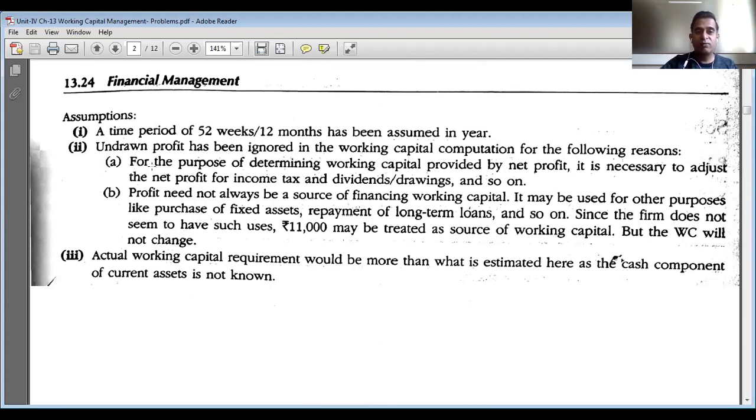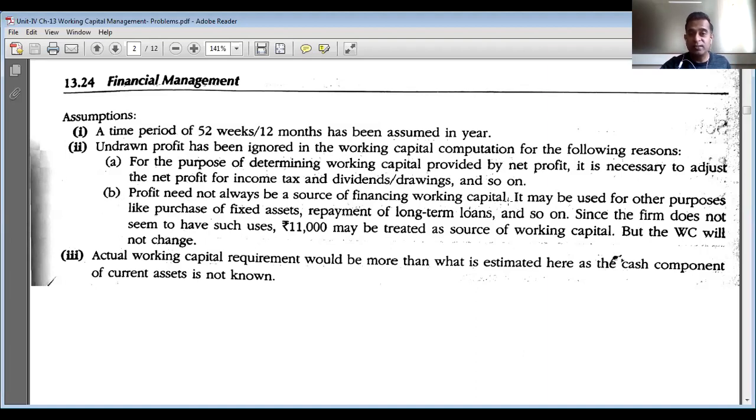First reason: for the purpose of determining working capital provided by net profit, it is necessary to adjust the net profit for income tax and dividends or drawings and so on. We don't have any data on income tax and dividend payments. Hence, we cannot consider the undrawn profit. The second reason is that profit need not always be a source of financing working capital.